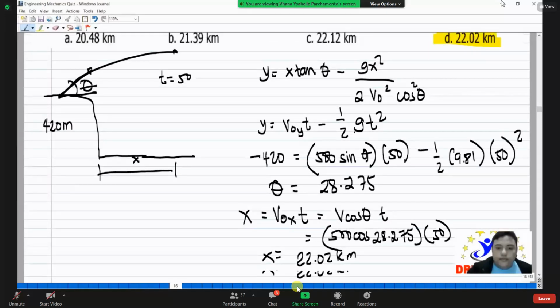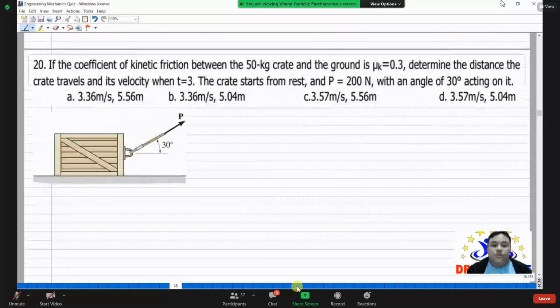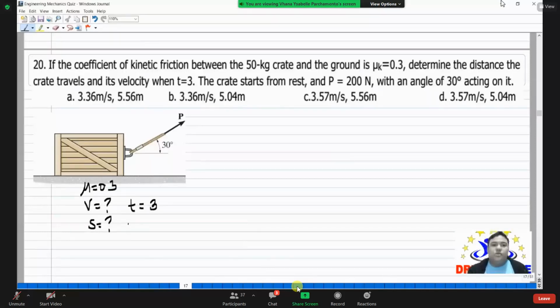Number 20. So if the coefficient of kinetic friction between the 50 kilogram crate and the ground is mu k, so mu k is equal to 0.3. Determine the distance the crate travels and its velocity. So, the velocity of the crate at t equal to 3 and our displacement at t equal to 3.